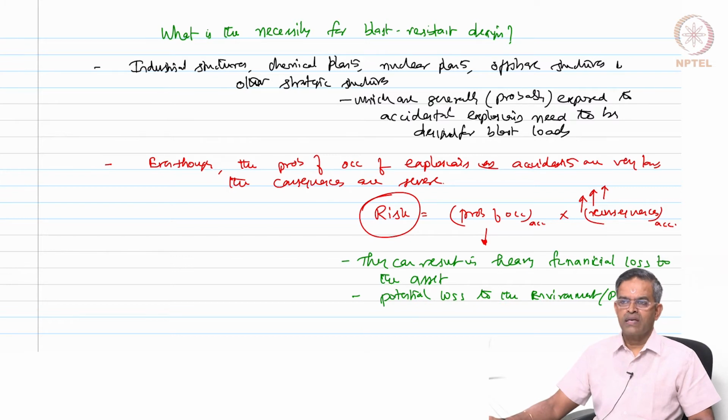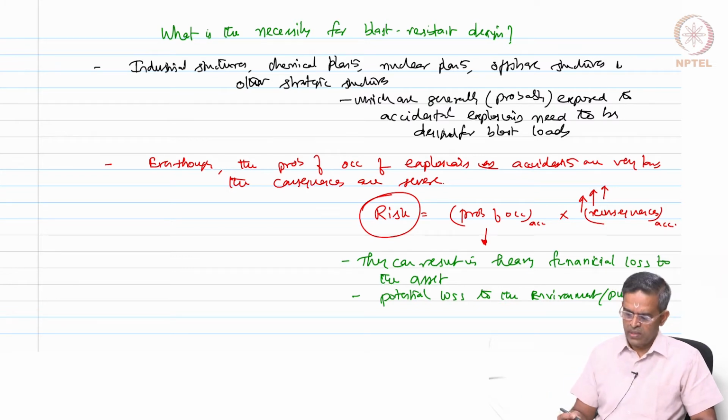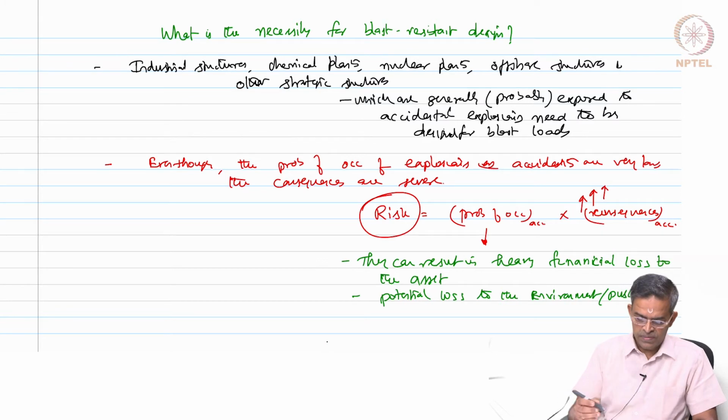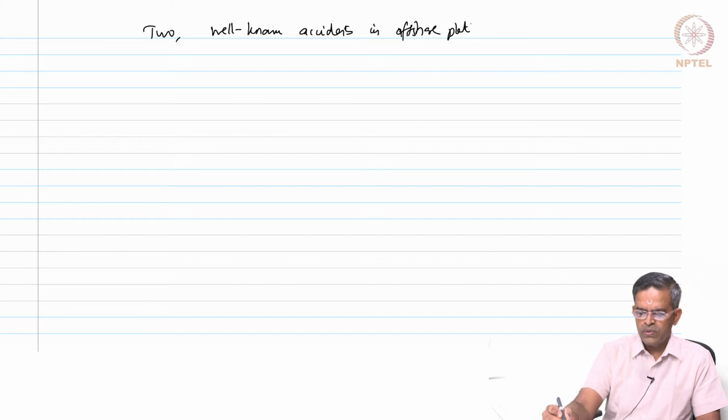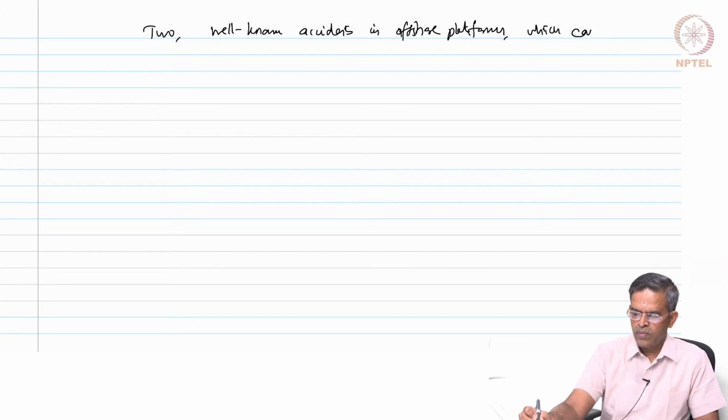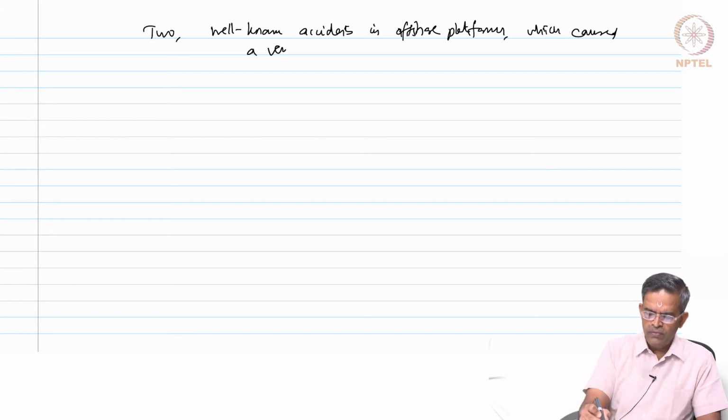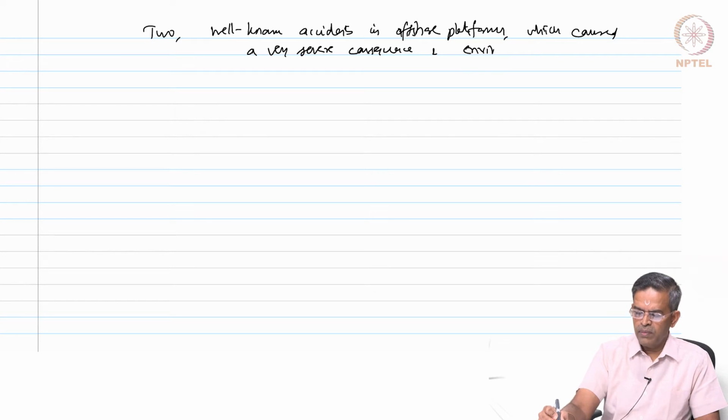We can give a very classical example of two well known accidents, especially in offshore structures. Offshore platforms which caused very severe consequences and environmental impact.